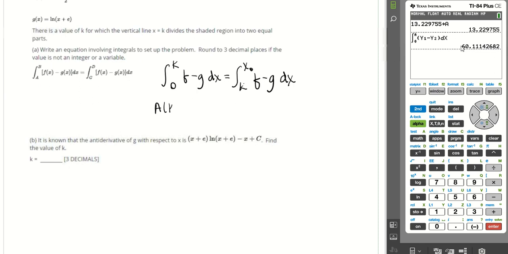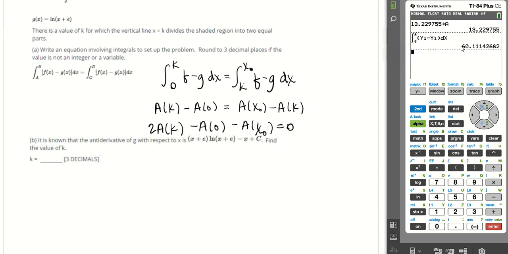And so this is going to end up being a of k minus a of 0 equals a of x0 minus a of k. I'm going to start trying to solve this before I even deal with what the antiderivative is, so that I can make my job easier. So I've got 2a of k minus a of 0 minus a of x0 is equal to 0, because that's something I'm going to be able to solve on the calculator.